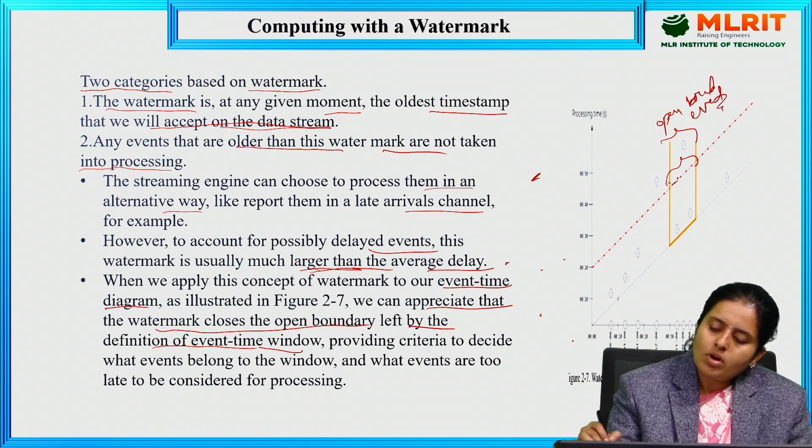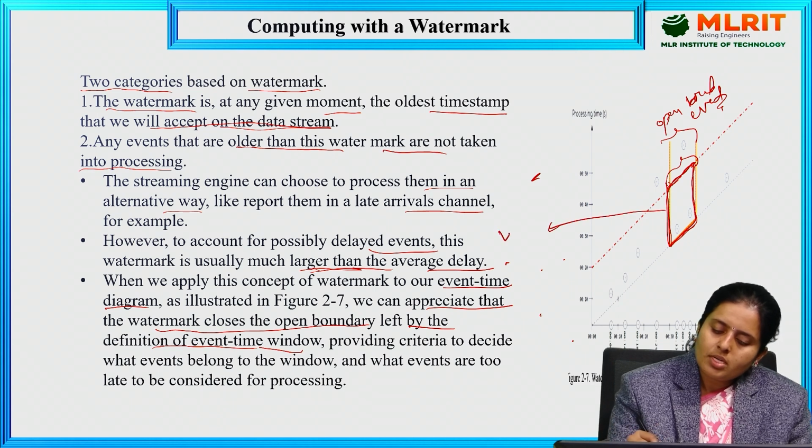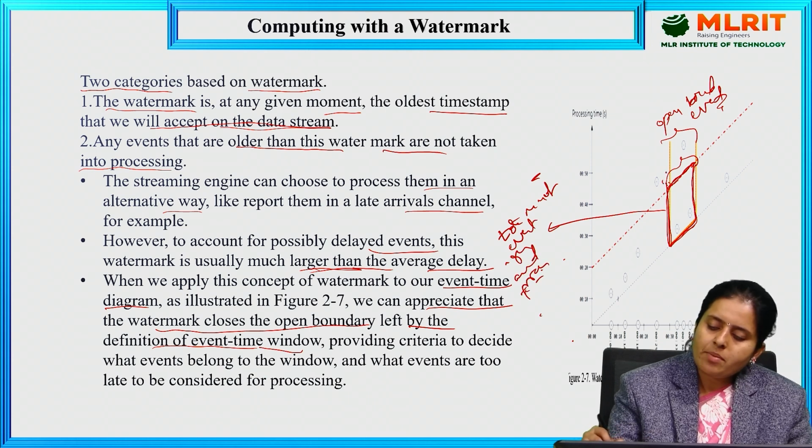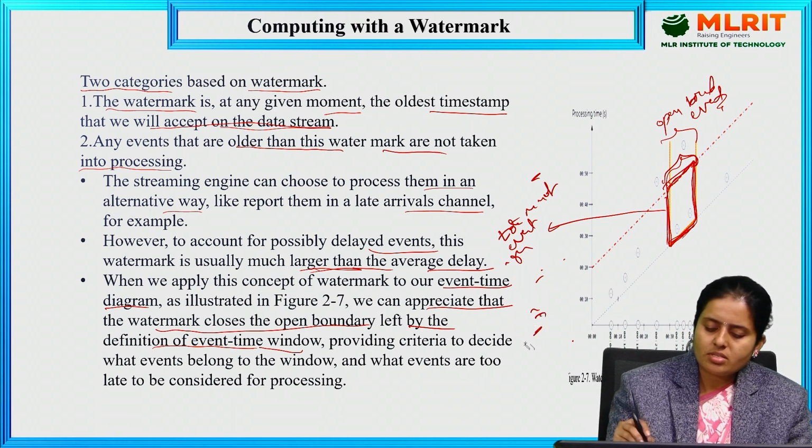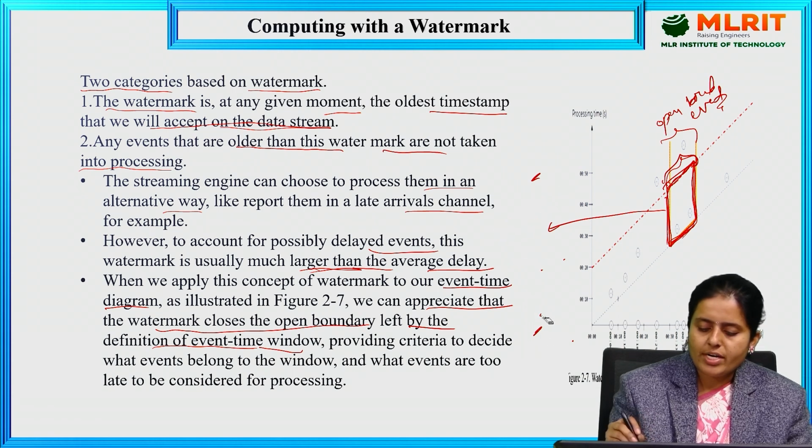So here we can count the total number of events generated and processed. There is no open boundary because the watermark has closed that boundary, and it shows the limit, or size, of the events which are going to be processed.